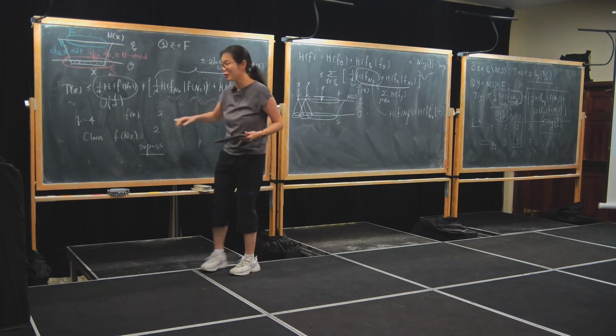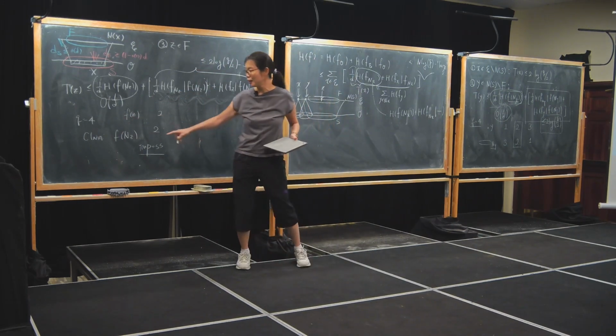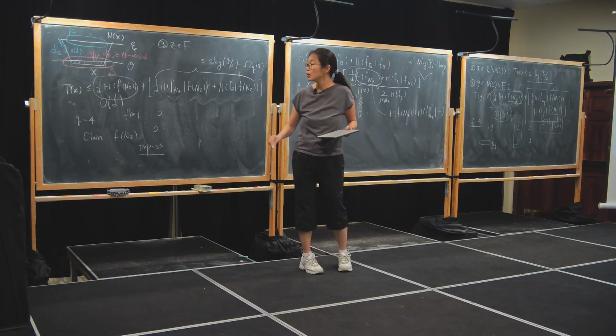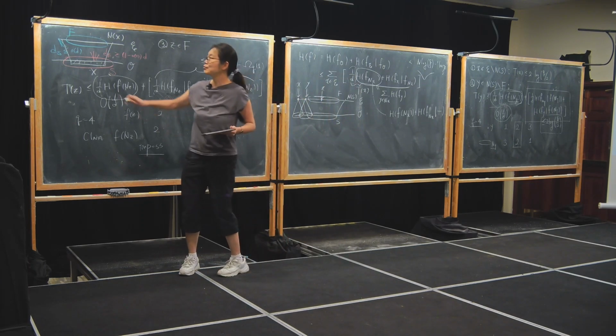Again, for now, let's just assume that we only have 4 colors. And in this case, why is it impossible to have 2 colors for this and 2 colors for that? Hint, Z is in F. And we have this picture.